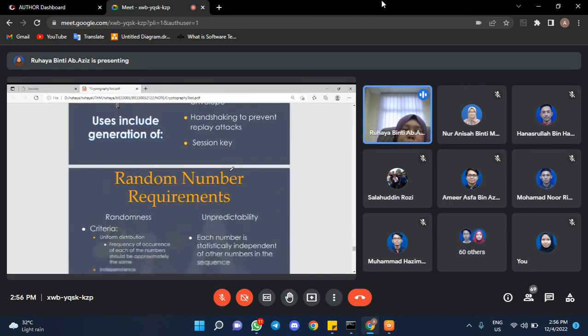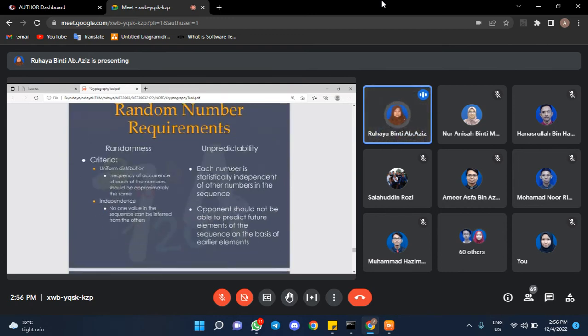So random numbers, requirements: randomness, it should meet the criteria of uniform distribution, the frequency of occurrence of each number should be approximately the same. Independence, no one value in the sequence can be inferred from the others. It should be, because random kan. And then unpredictable. Each number is statistically independent of other numbers in the sequence. Opponents should not be able to predict future elements of the sequence on the basis of earlier elements.